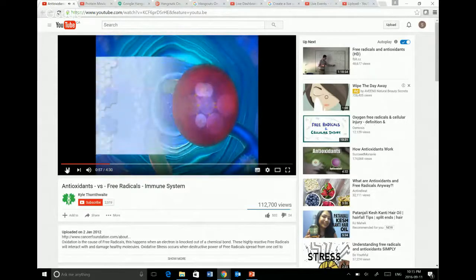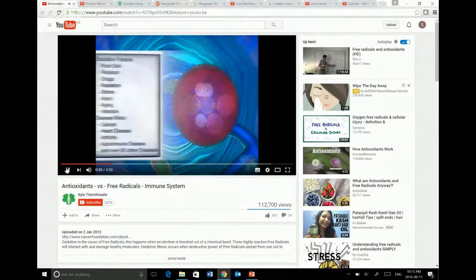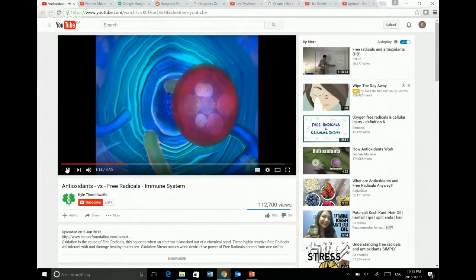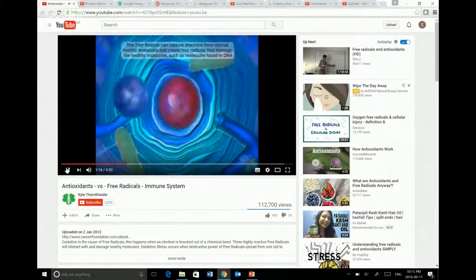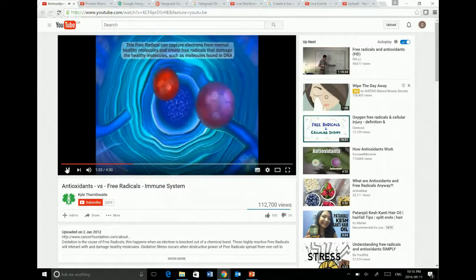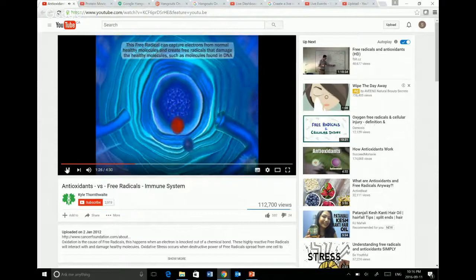Oxidation factors include poor diet, pollution, drugs, radiation, stress, injury, aging, and infection. Disease risks include cancer, heart disease, arthritis, autoimmune disease, and over 90 other diseases. This free radical can capture electrons from normal healthy molecules and create free radicals that damage the healthy molecules, such as molecules found in DNA.